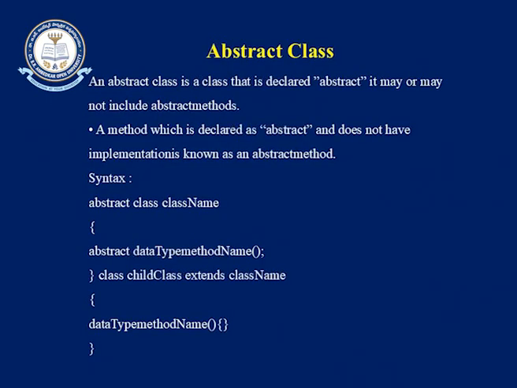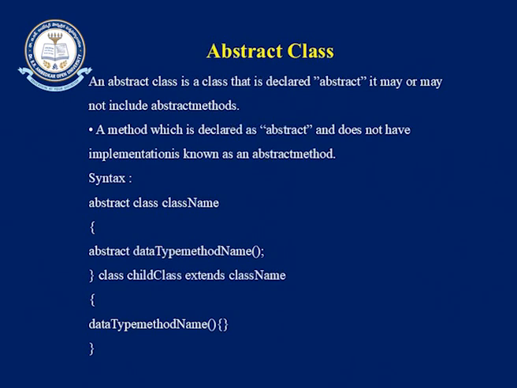Now, an abstract class is a class declared using the keyword abstract. Abstract classes are created by putting the keyword abstract. And also, the methods which you want to declare in that class are called abstract methods, where you also have to use the keyword abstract.